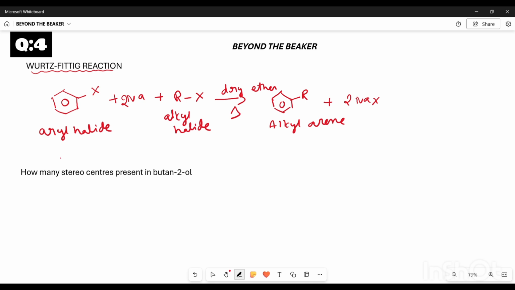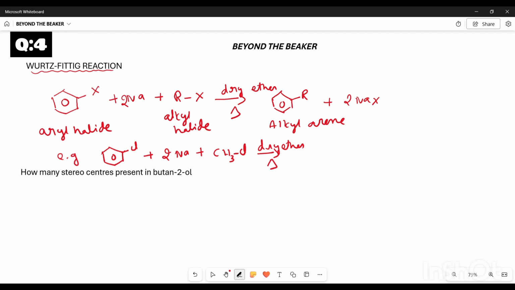I will take one example for this. Here I am taking chlorobenzene. This chlorobenzene reacts with metallic sodium and methyl chloride in presence of dry ether.